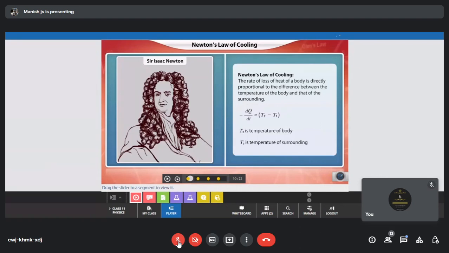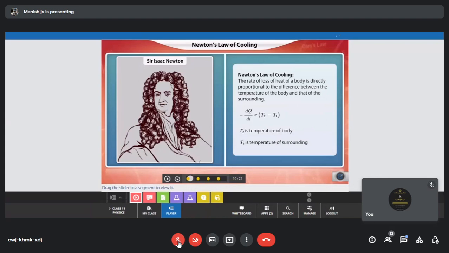So the hot object will lose heat to the surroundings. Since heat is lost, we are using the minus sign convention. So minus dq by dt, that is the rate of loss of heat.